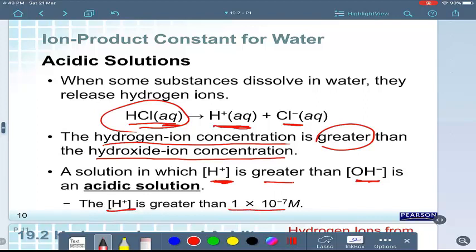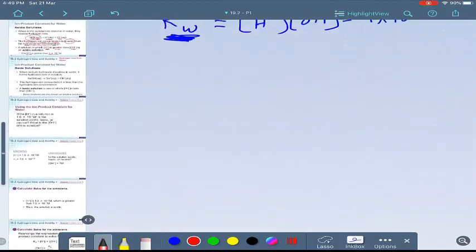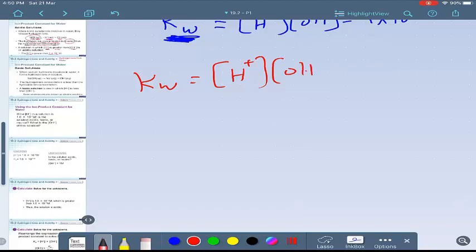I told you the Kw, which is the multiplication of H positive times OH negative, equals 1 times 10 power of negative 14. And I told you the concentration of OH equals the concentration of H positive.